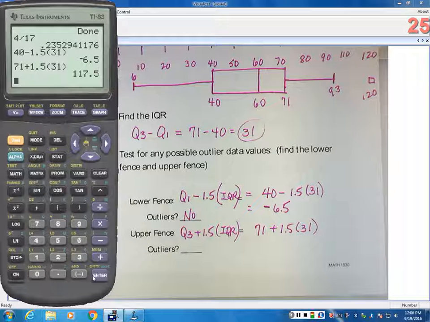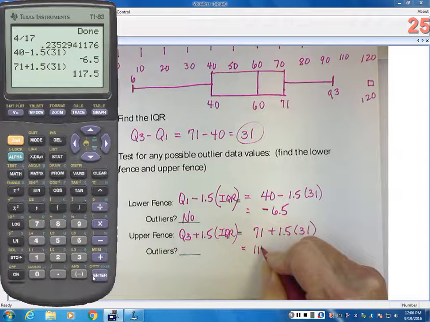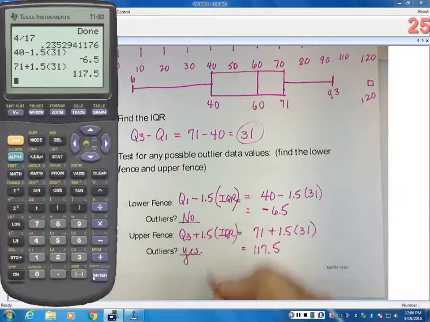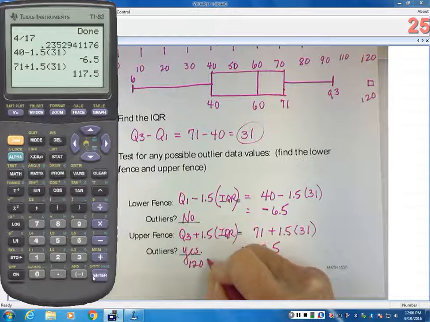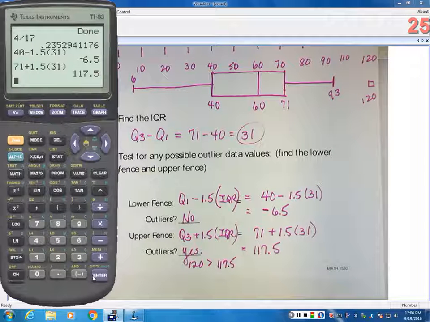Which is 117.5. So that's why the 120 is an outlier. It's actually above the upper fence.